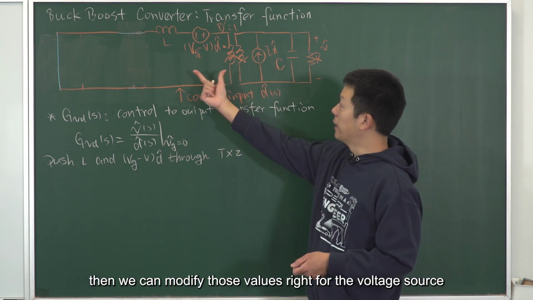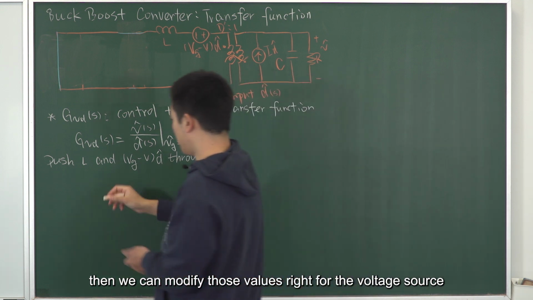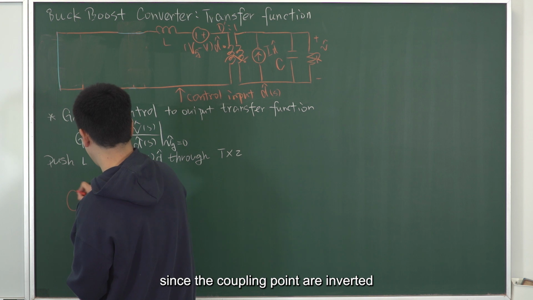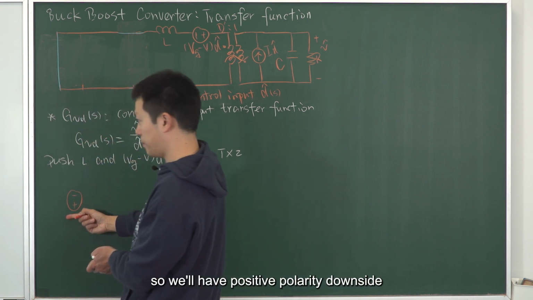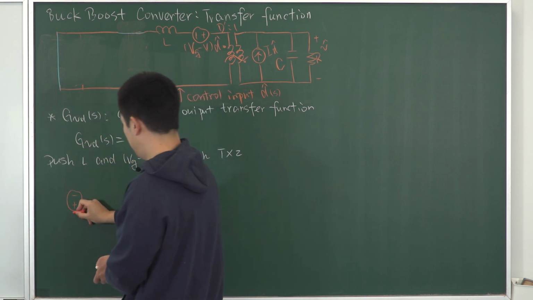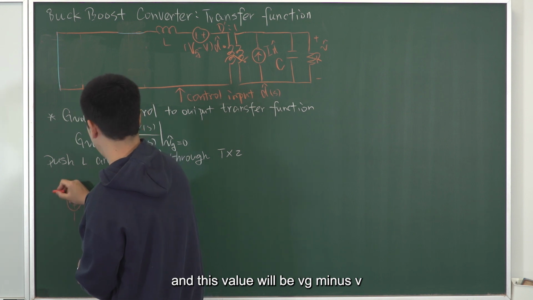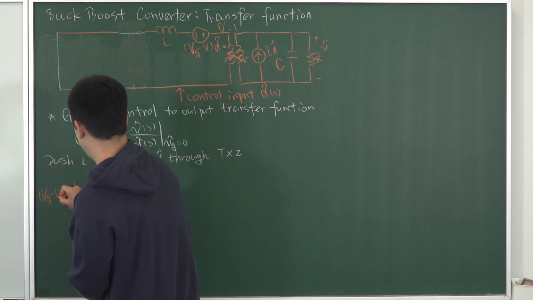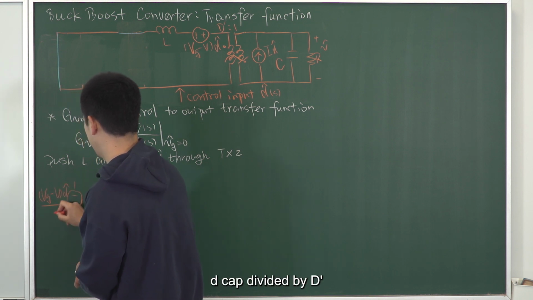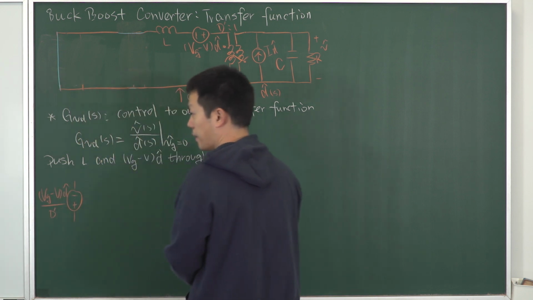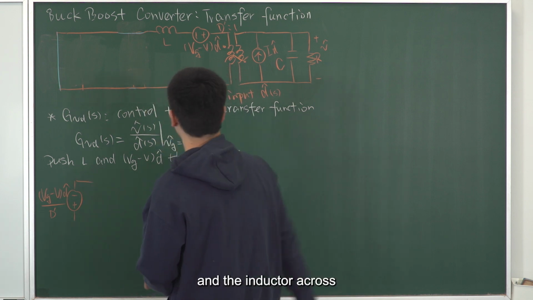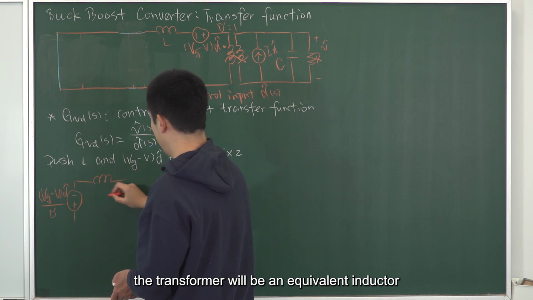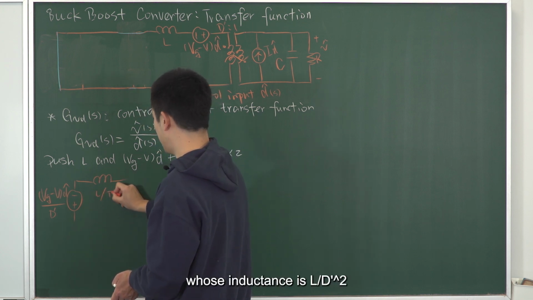Then we can modify those values, right? For the voltage source, since the coupling points are inverted, so we will have positive polarity downside. And this value will be VG minus V D cap divided by D prime. And the inductor across the transformer will be an equivalent inductor whose inductance is L over D prime squared.